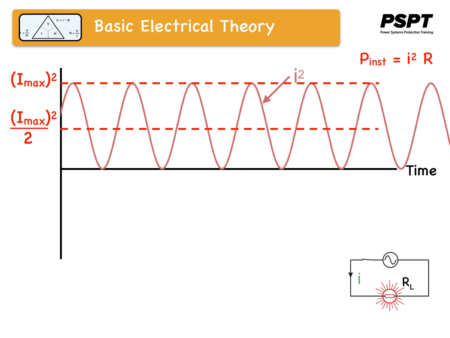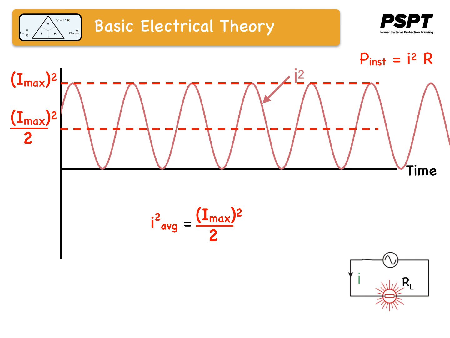That's the average, because you have just as much above the average line as below the average line. So if you wanted to come up with a number that represented the average of I squared, the average of I squared is equal to I max squared all over 2, which we just discovered from our graph.